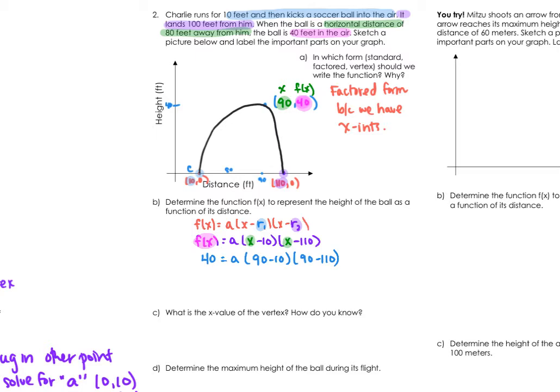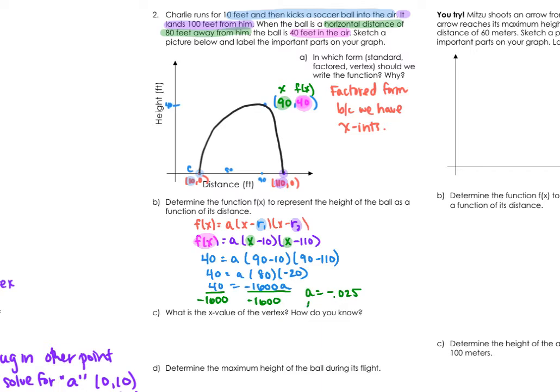Simplifying this, you get 40 equals a times (90 minus 10, which is 80) times (90 minus 110, which is negative 20). So 80 times negative 20 is negative 1600a, and then to get a by itself, we're going to divide both sides by negative 1600. You get a equals negative 0.025.